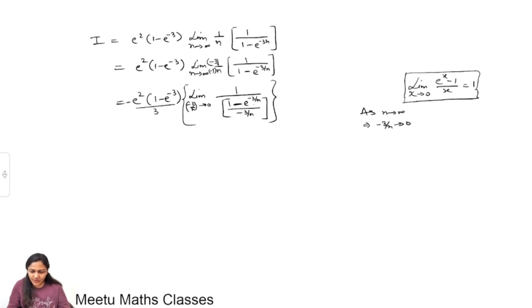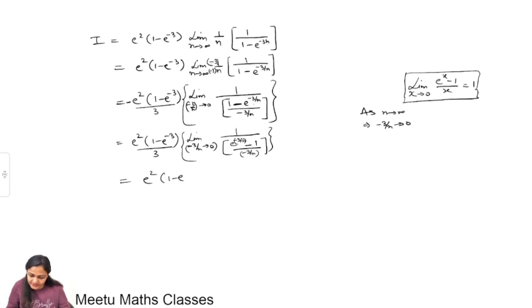If you take minus common, the minus and the common minus will make it positive. And it will become limit minus 3 by n tends to 0, 1 upon e raised to minus 3 by n minus 1 upon minus 3 by n. Okay, and this will become 1 here. So your answer is this.